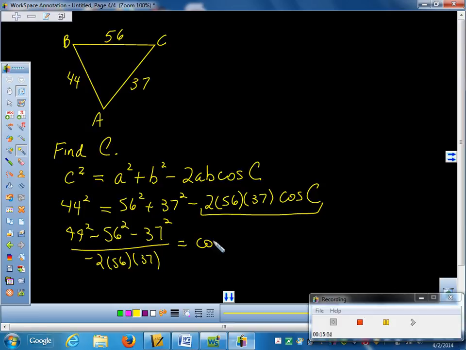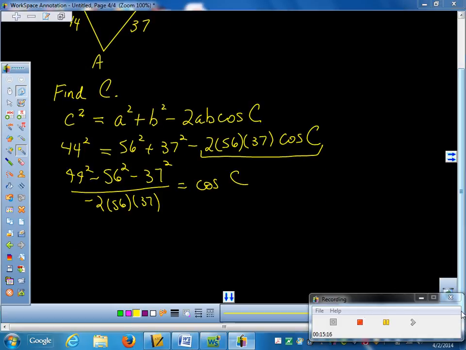If you want to work out all the numbers, if that makes more sense to you, you can, but if you don't, you can just subtract them over like that, put that whole thing in your calculator and get the decimal value. First you got to get the decimal, which I do know this one is .6199, and then yes, you inverse cosine it to get the actual angle.